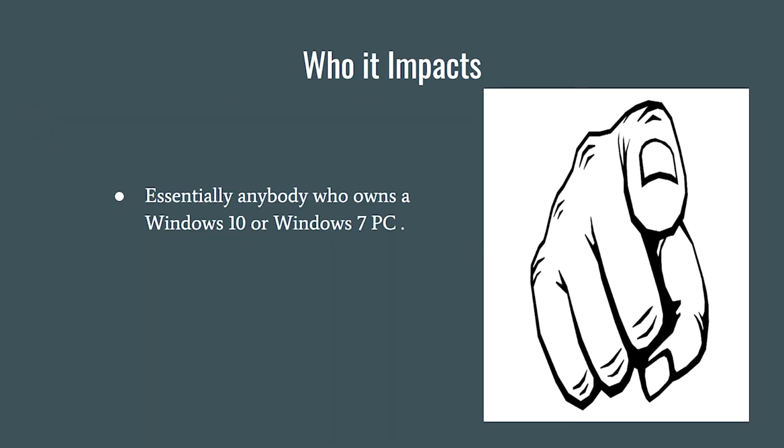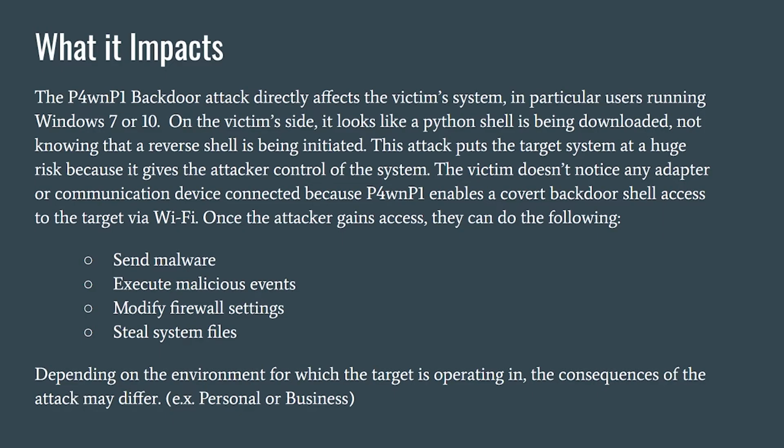So who it impacts is essentially everybody, since anybody who owns a Windows 10 or Windows 7 PC is susceptible to this attack. What impact? The P4wnP1 backdoor attack directly affects the victim system, in particular users running Windows 7 or Windows 10. On the victim side, it looks like a Python shell is being downloaded, not knowing that a reverse shell is being initiated. This attack puts the target system at huge risk because it gives the attacker control of the system.